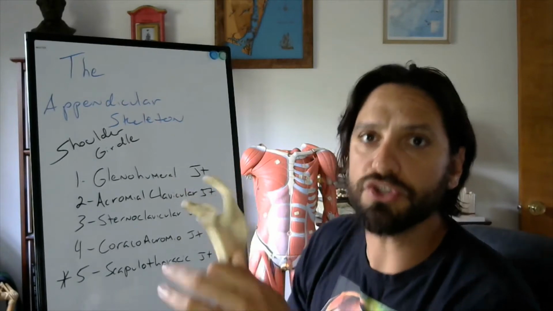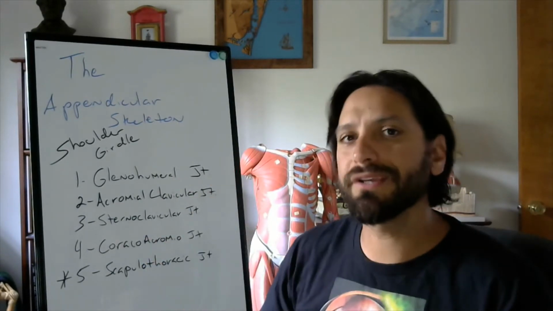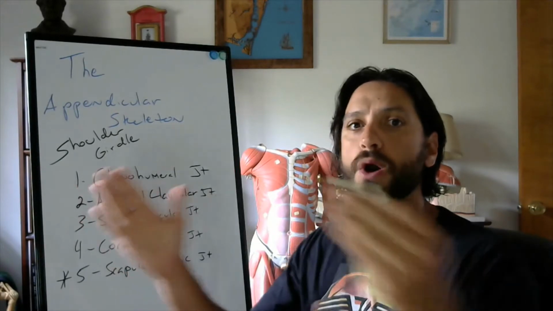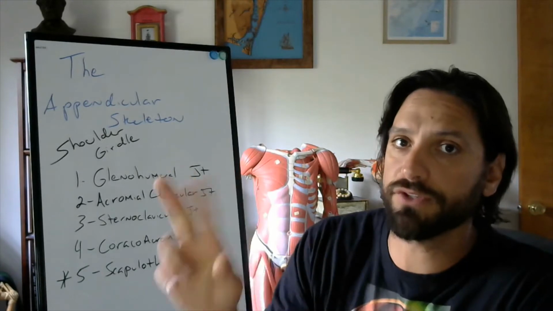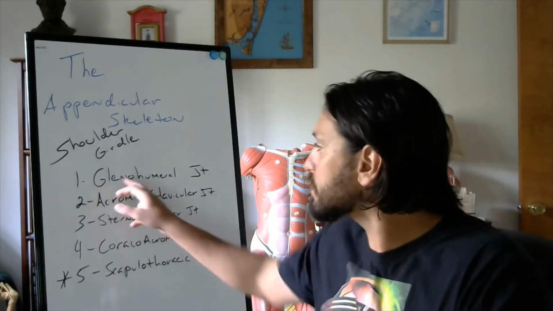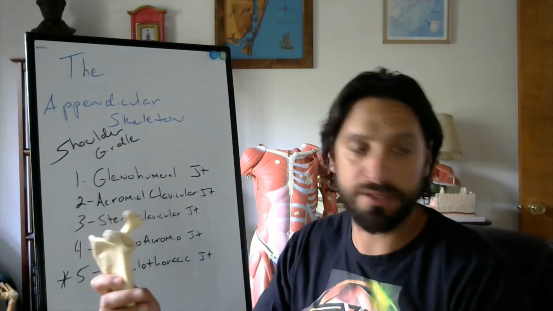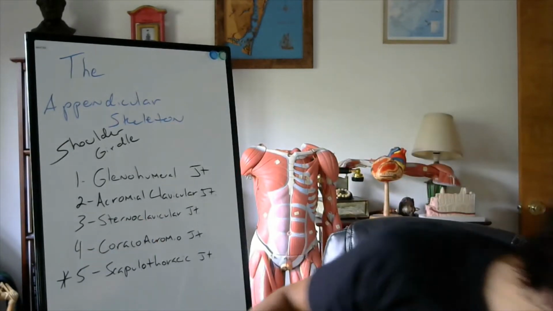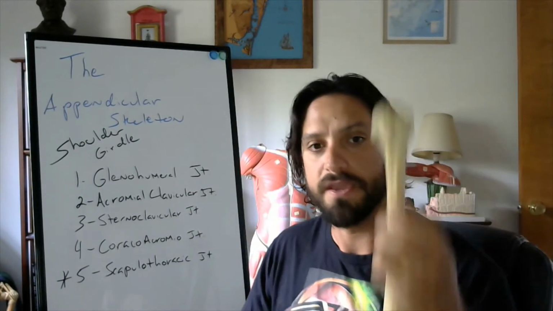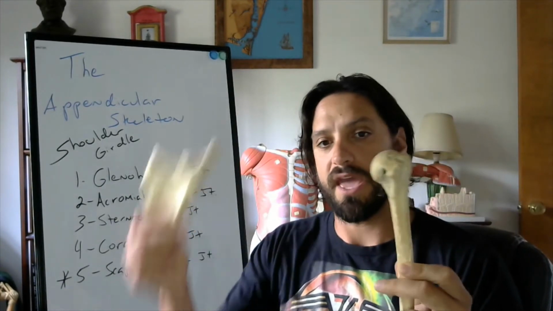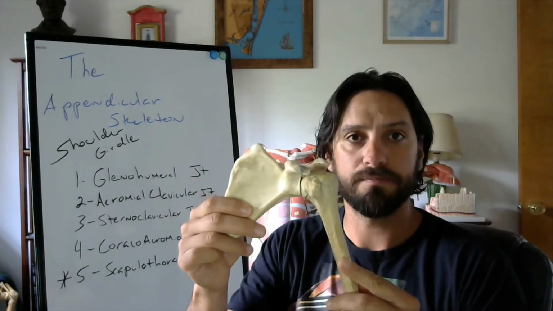You'll notice that joints, or articulations, really are just named for the two bones that meet, or the aspects of the two bones that meet. So in this case, the glenohumeral joint is the humerus, basically this guy, and the glenoid cavity meeting, all right?